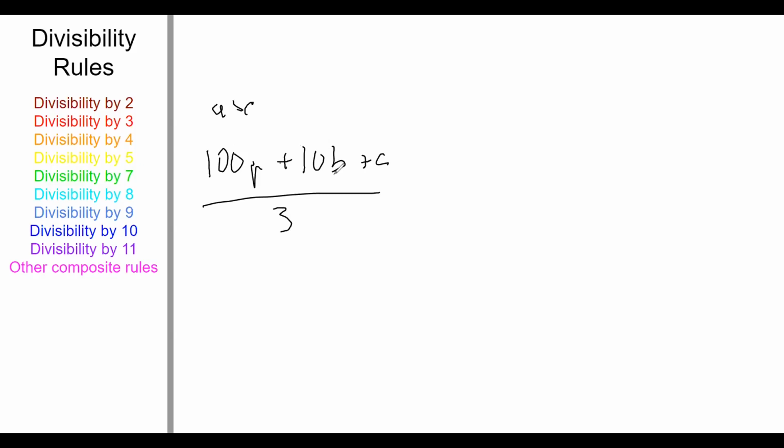So you can just subtract them off since they're all divisible by 3. So this becomes A plus B plus C. They have the same residue mod 3. And this always works because all powers of 10 are 1 mod 3. I forget if we covered that. But that's also why the divisibility rule for 9 is the same as 3. It's because 9 divides 9, 99, 999, etc.